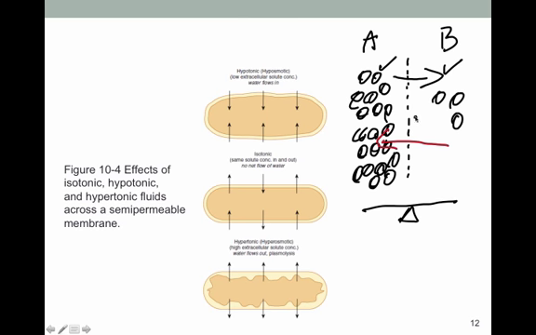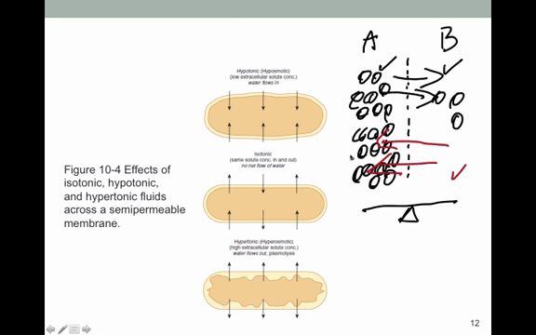And osmosis, which is the diffusion of water, going from an area of higher concentration, there's more water over on side B, to an area of lesser concentration, which there's less water on side A. So essentially, osmosis is moving this way, and diffusion is moving this way.